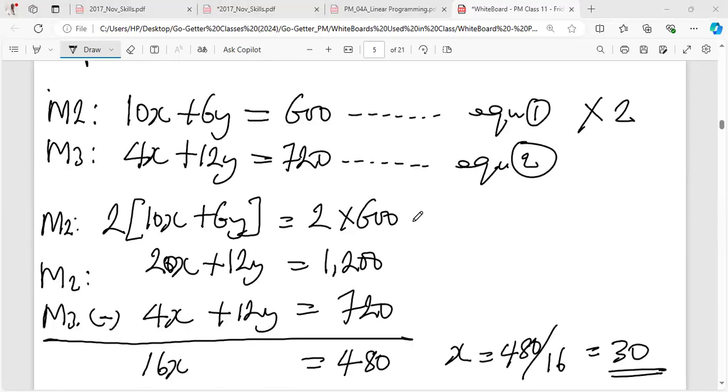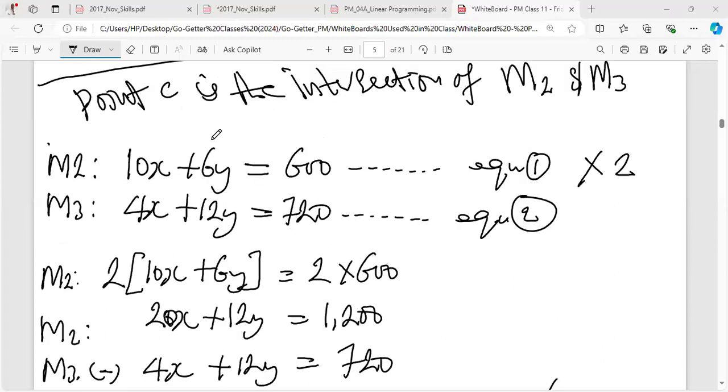Someone is saying I should go over M3 again. This was what we have, M2 here. We said it's at the intersection of M2 and M3, and these are their equations. And we said we want to eliminate y first using the elimination method.